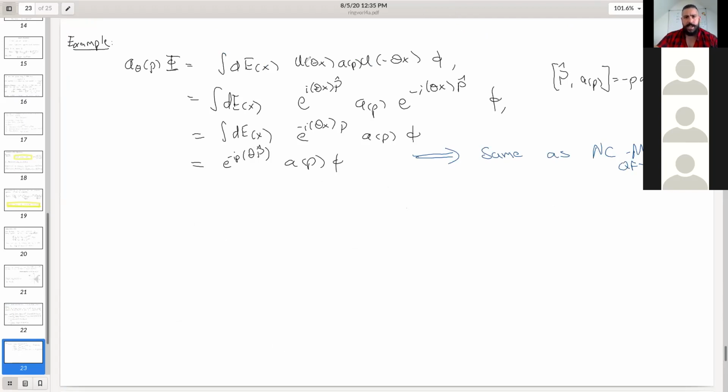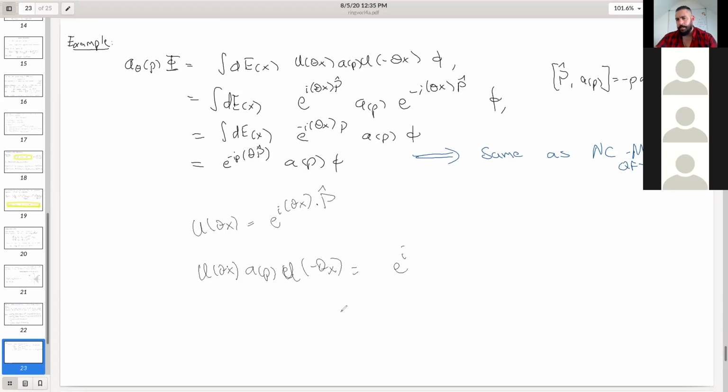And now I take the adjoint action of U(theta x), where U(theta x) is given by e^{i theta x P}. I take the momentum operator. I know that the commutator of the momentum operator with a(p) is minus p a(p). And so the adjoint action of a(p) with U(-theta x) is basically, there are many ways to calculate it.